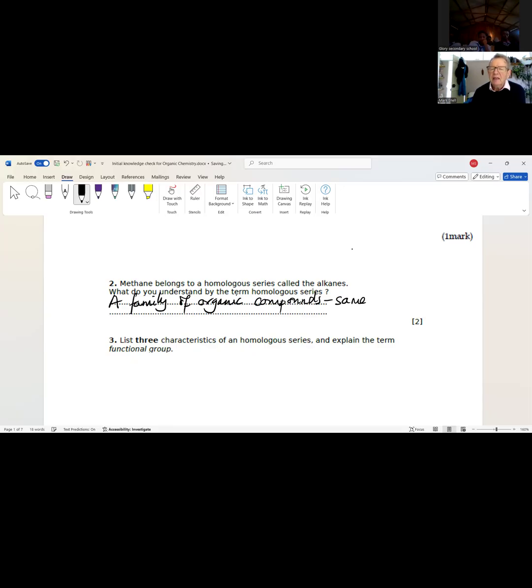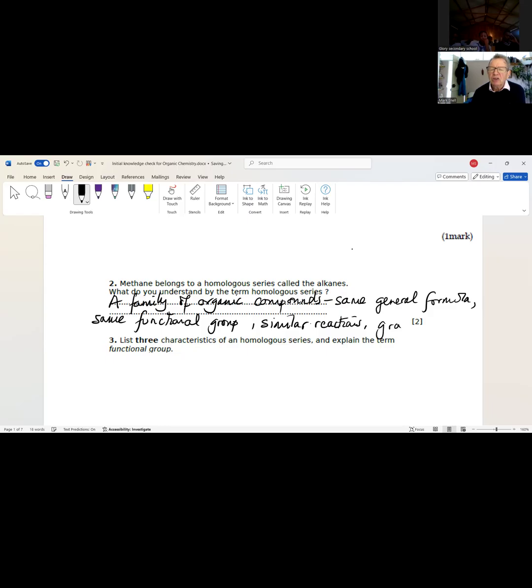They have the same general formula. They have the same functional group. They have very, very similar reactions or chemical properties.